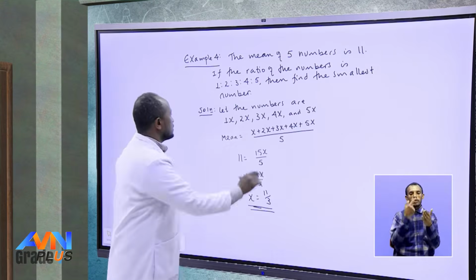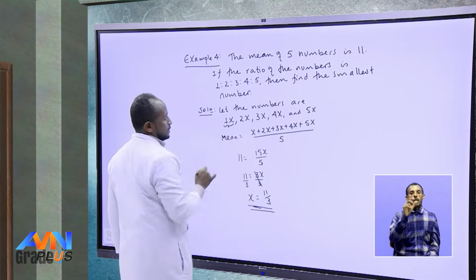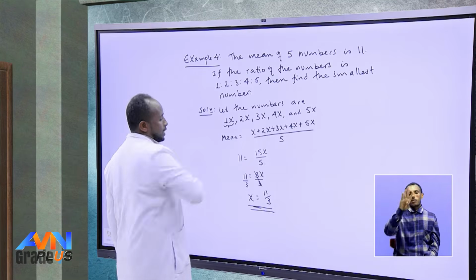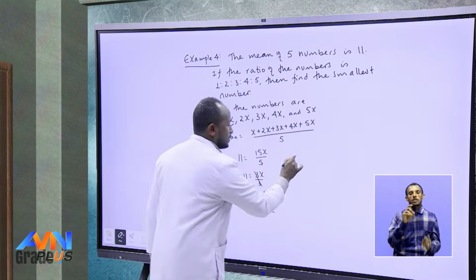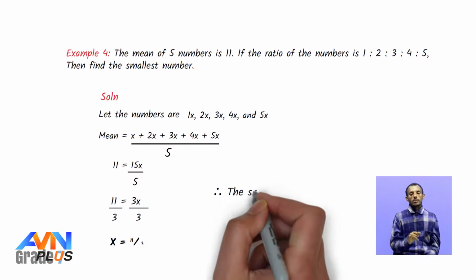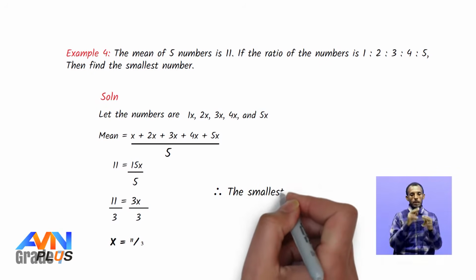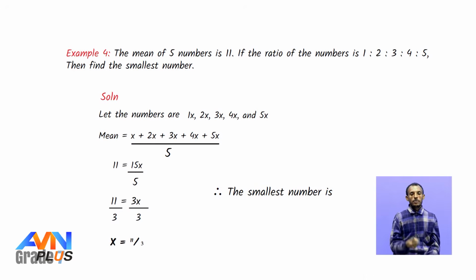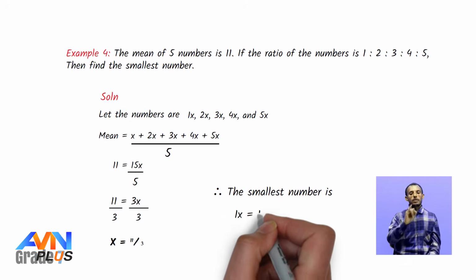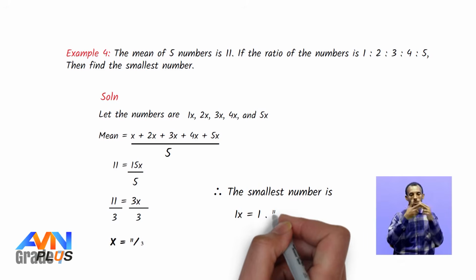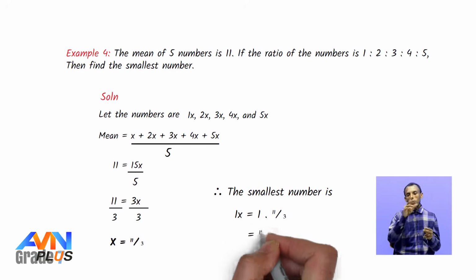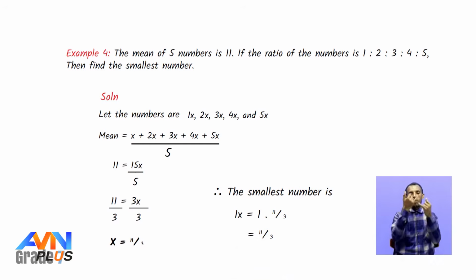The smallest number is 1x. 2x, 3x, 4x are bigger, but the smallest one is 1x. Therefore the smallest number is 1 times x, that's 1 times 11 over 3. It will be 11 over 3. The smallest number will be 11 over 3.